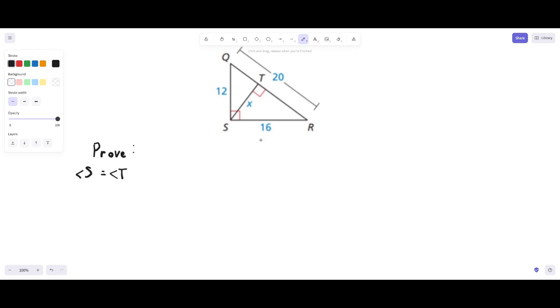Okay, now let's try to find another angle that can be present in two different triangles, separately. And what I'm seeing is R to be that case. So what do I mean by that?